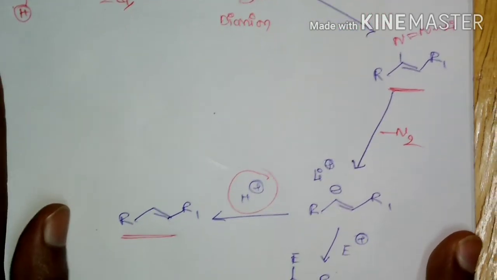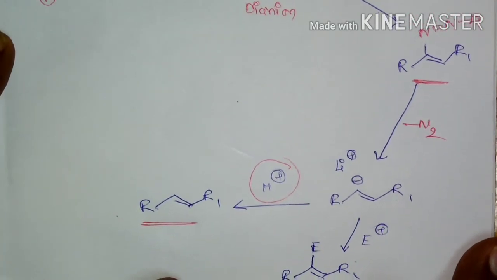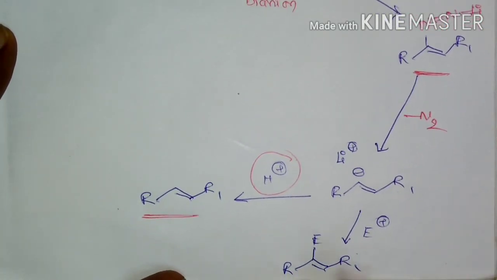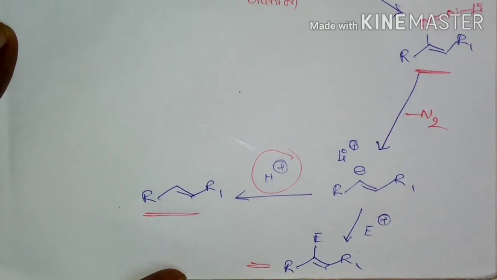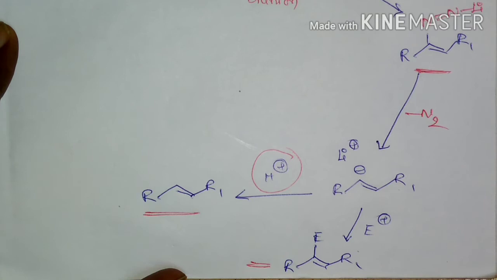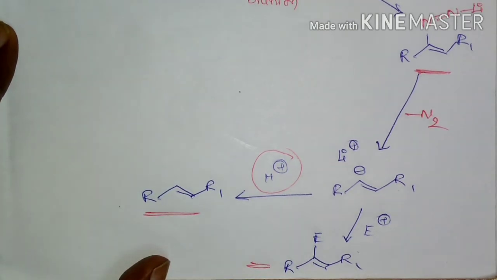Instead of proton, if we add another electrophile, then we will get the alkene substituted with different electrophiles. So this is regarding the mechanism of Shapiro reaction.